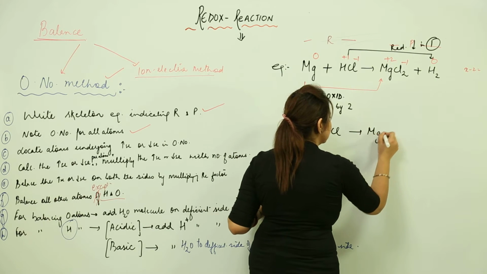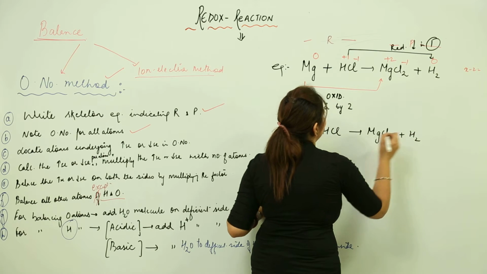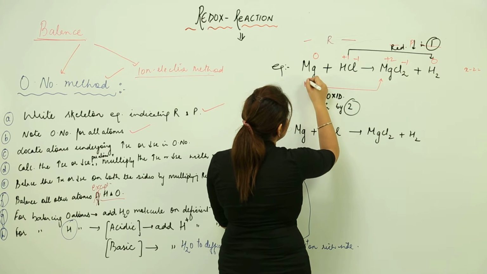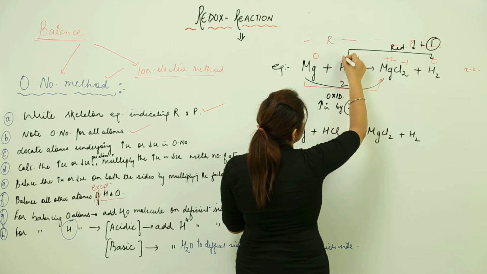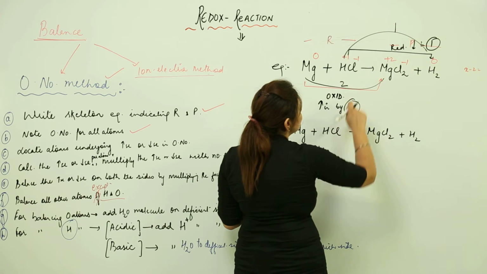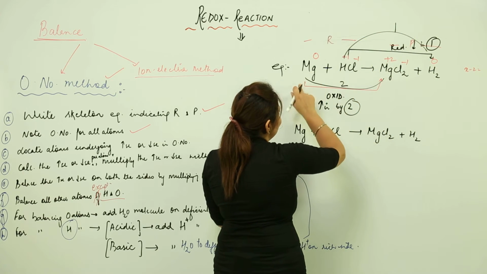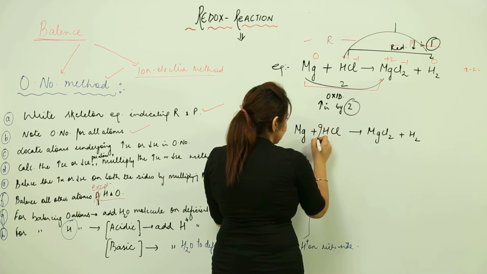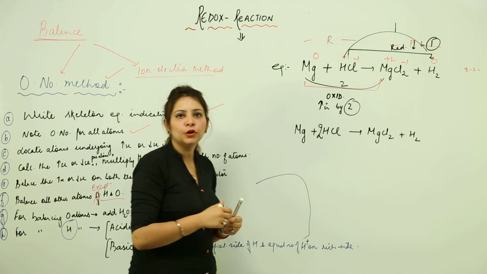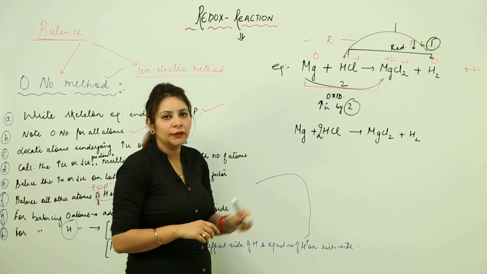So I am going to multiply the left hand side with 2, because this is increasing by 2 and this is decreasing by 1. So I need to multiply 1 with Mg and 2 with HCl. I don't need to put 1, so I have put only 2 HCl here. This is what I have.